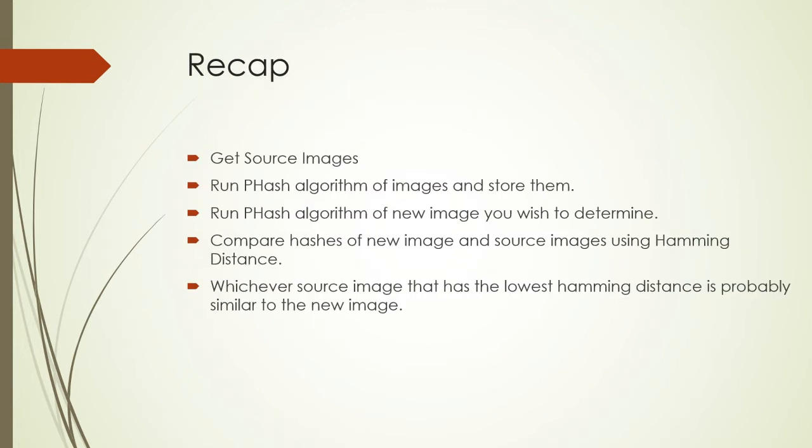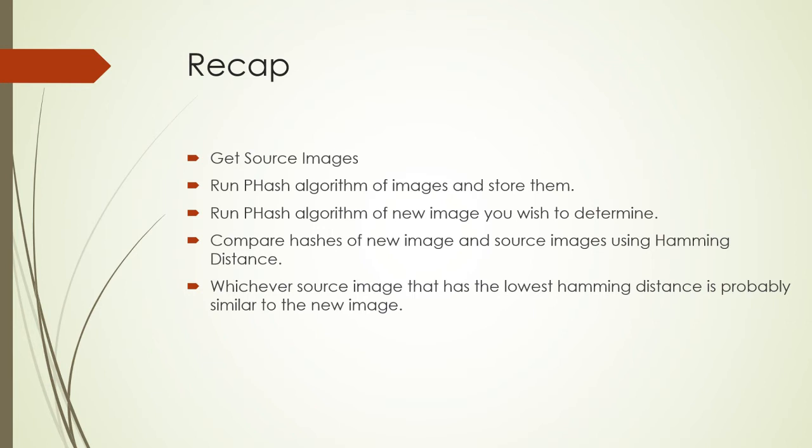So to recap the presentation, the steps to compare images with each other: you first get a library of source images. And then once you get the source images, you run the p-hash algorithm through all those images, and then you store the 64-bit number of those images.